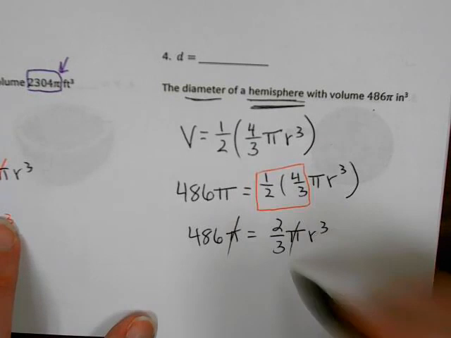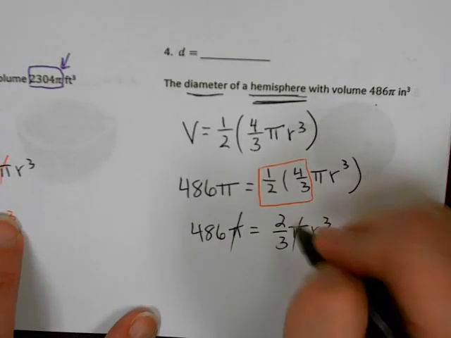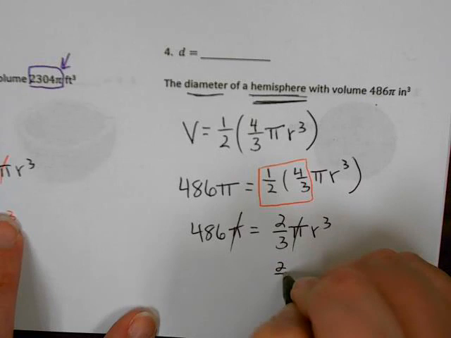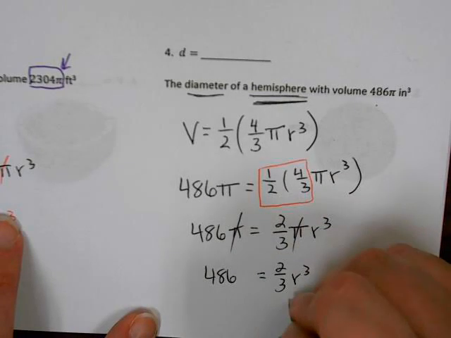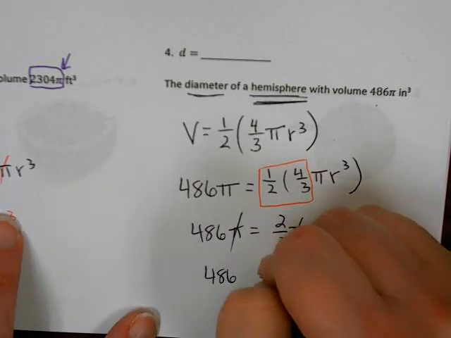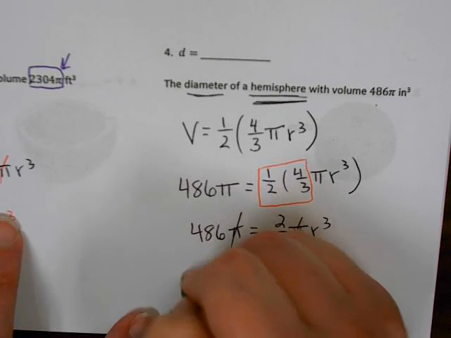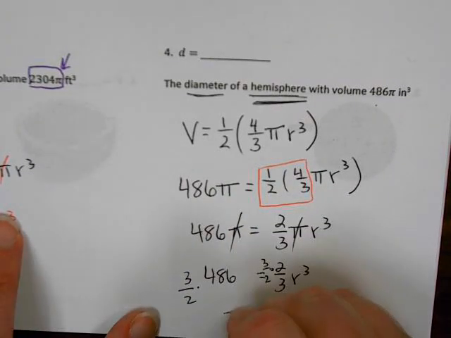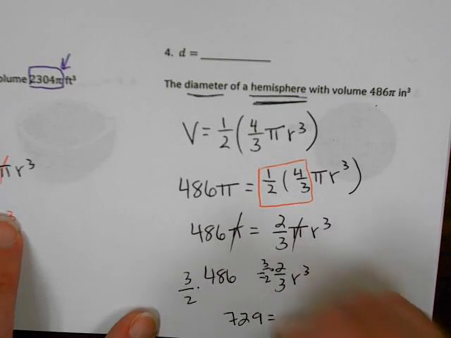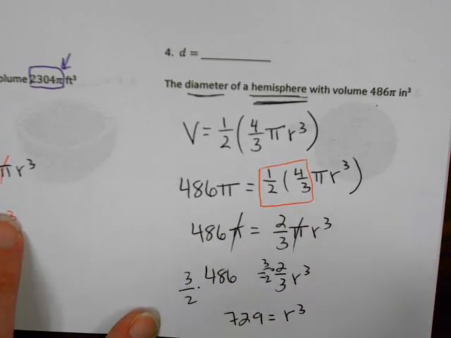Again, the pi's cancel out. Only way to get rid of this fraction in front would be to multiply by the reciprocal. So the reciprocal of 2/3 would be 3/2. So multiply by 3 over 2 on both sides. And we get 729 equals r to the third.